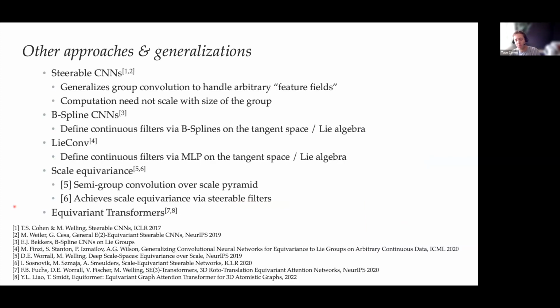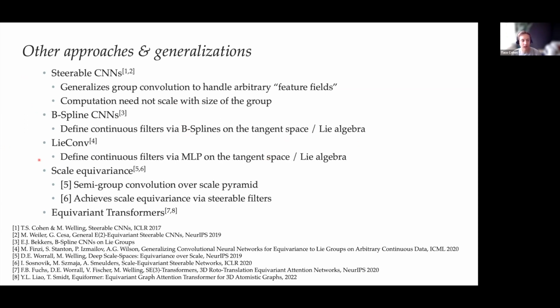Now, there are many other approaches that have been developed. So first of all, there's the steerable CNNs that we'll talk about in a minute. This allows us to address some of the computational issues that you run into for very large groups. There's various other ideas like B-spline CNNs, where you define continuous filters via B-splines on the so-called tangent space of a Lie group.